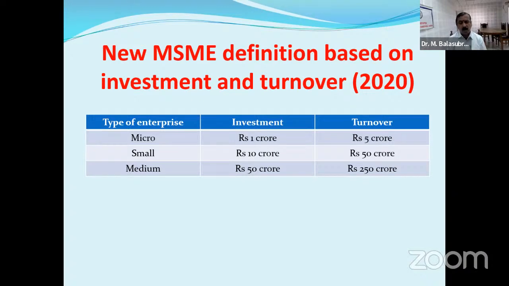An enterprise is called small if the investment is less than 10 crore and the turnover is less than 50 crores. Medium, investment 50 crores and turnover 250 crores. These are micro, small and medium. Right from 1 crore investment to 50 crores, we can have micro, small and medium. Next, please.